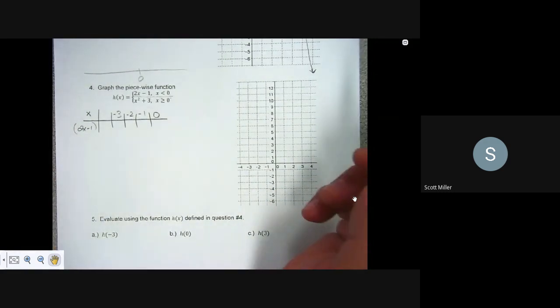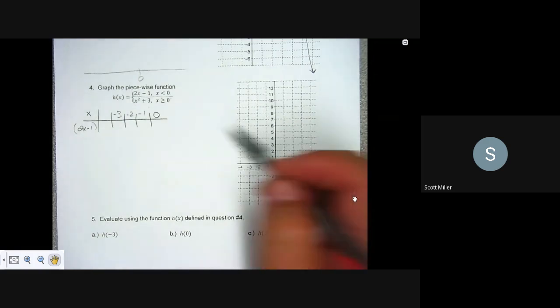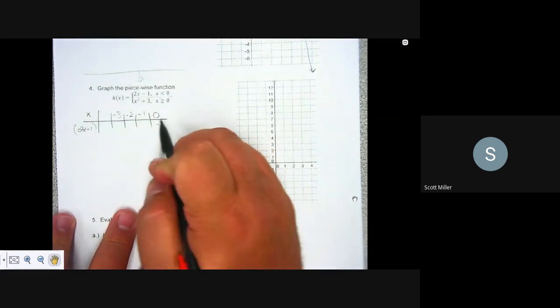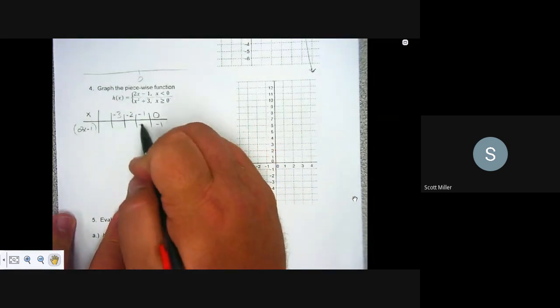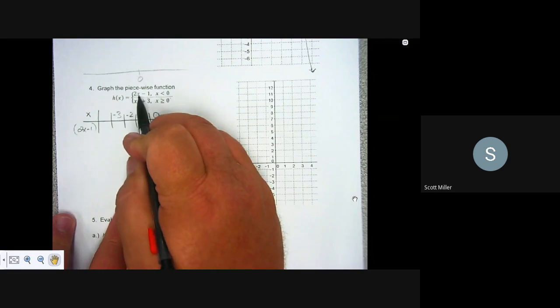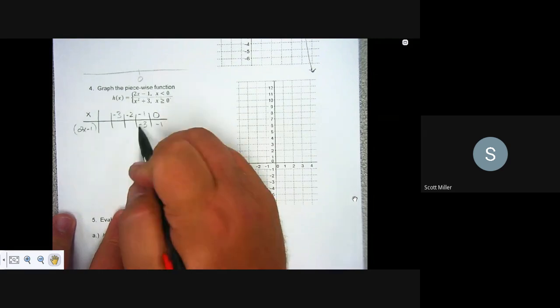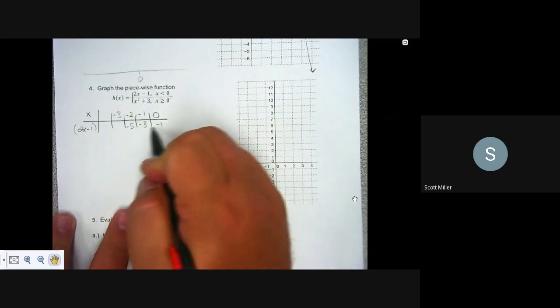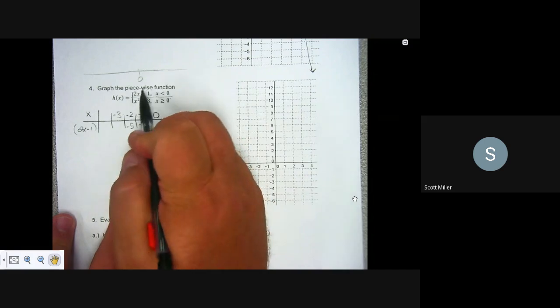It helps me when I graph over here to see the table and the way I'm going to graph it. It's kind of helpful. Plug that in. So if I plug in 0, I get negative 1. Plug in negative 1. If I plug in negative 2, that's negative 4 minus 1, negative 5. You can see the pattern here because it's a line. Negative 6 minus 1, negative 7.